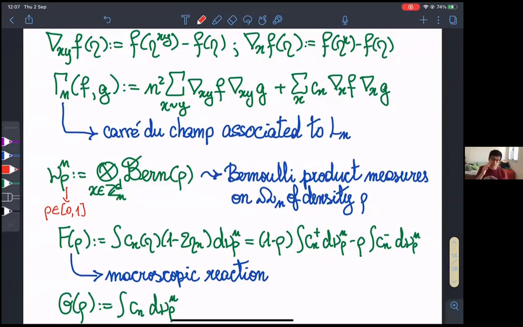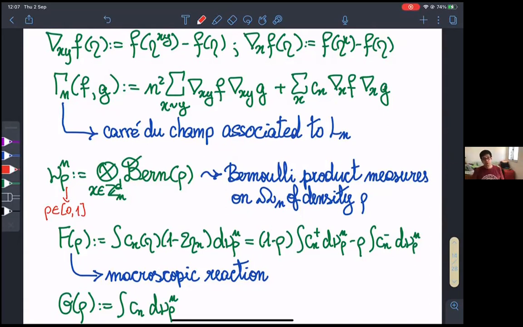And then you can see that the uniform measure on the set of a given number of particles is reversible with respect to these dynamics, because the rate at which you go from x to y is the same as the rate at which you go from y to x.